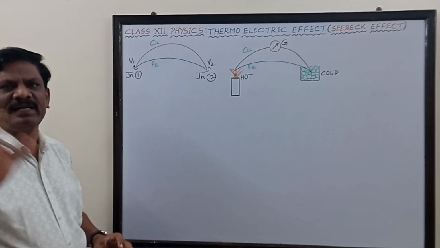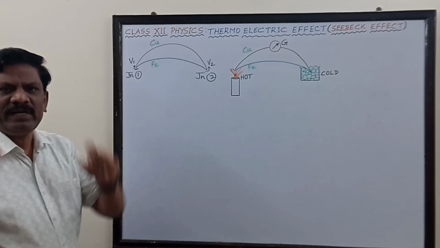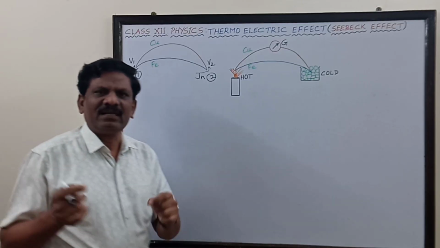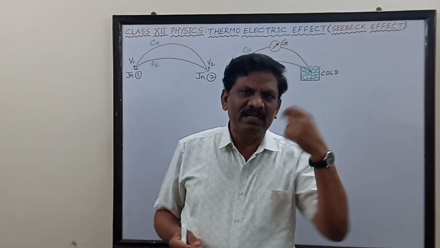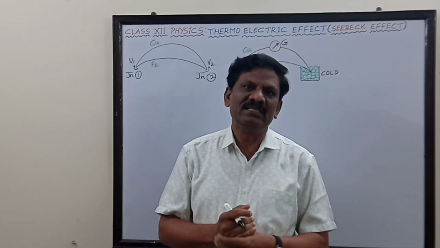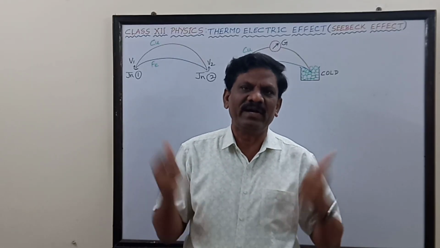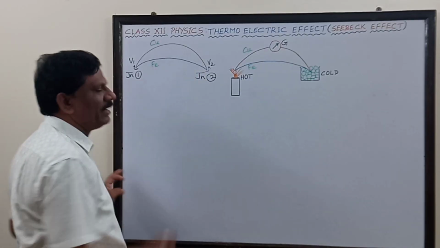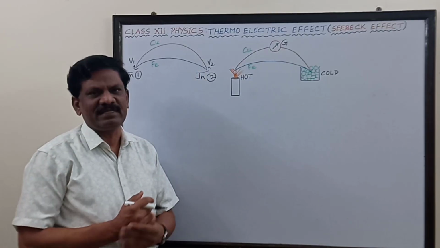Only across the junction, within a micrometer distance, the electrons will migrate from one side of the junction to the other side. This creates a potential at the two points called junction potential. So V1 and V2 are called junction potentials.